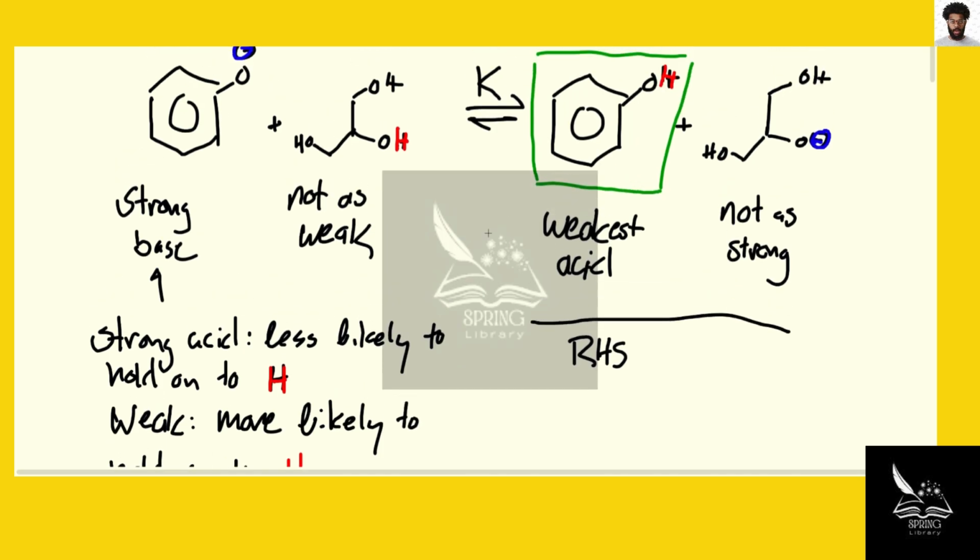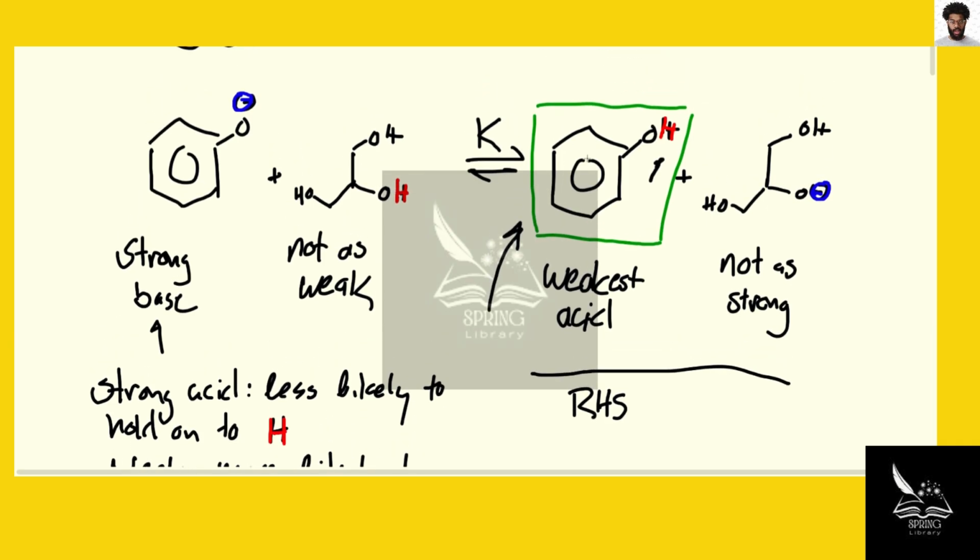So if the weakest acid is phenol, which means it's the most likely to hold on to this proton, then the side of the reaction where it has the proton has to be the favorable side, right? So if that can help us really draw these, right? The right-hand side is more favorable.